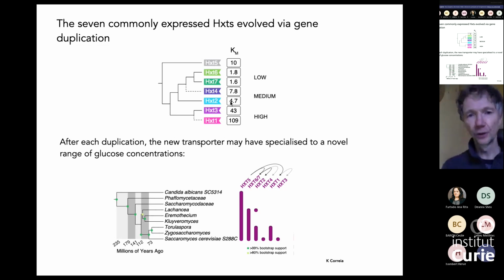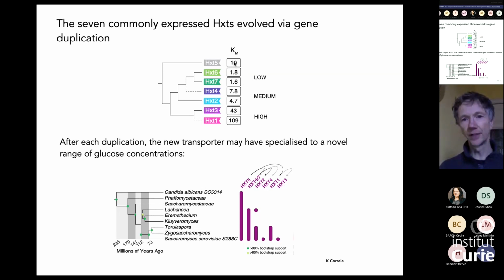That is consistent with what we see if we look at the evolution of these. As I said, HXT5 in budding yeast seems to be most closely related to the original transporter. Then Kevin Correa in my lab did this analysis to show that it was duplicated, which gave rise to HXT6 and 7, which are the ones with low affinity.